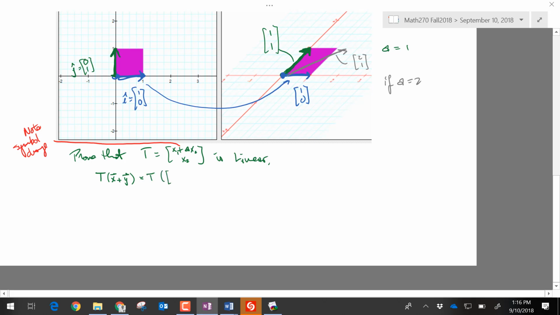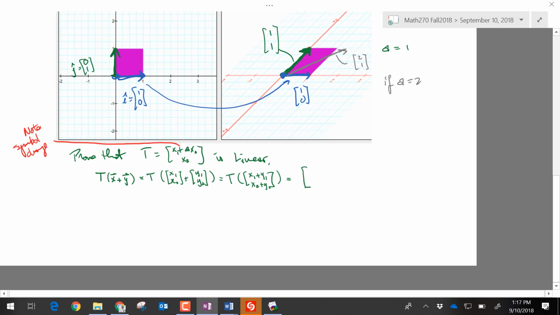In terms of the vectors themselves, x1, x2 plus y1, y2, and this is T of the vector x1 plus y1, x2 plus y2. Okay, so let's finally put it into our linear transformation.